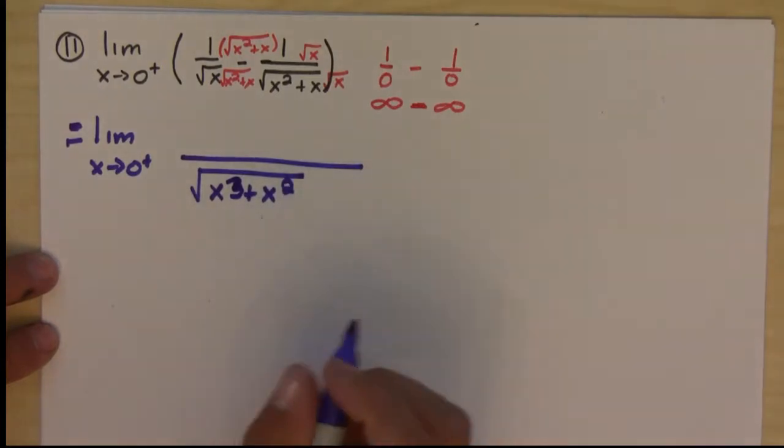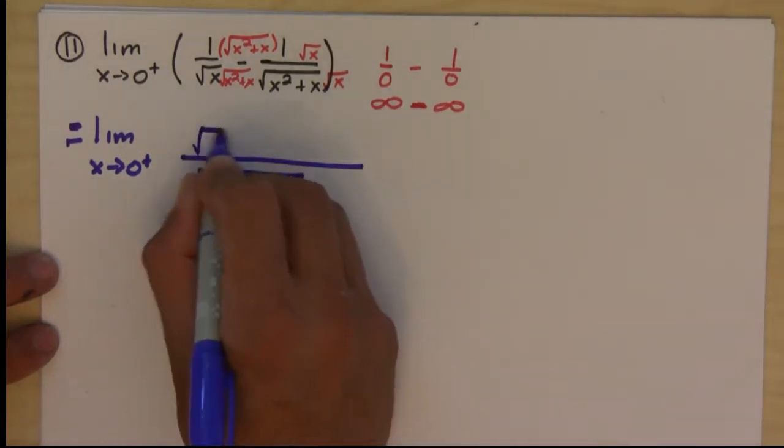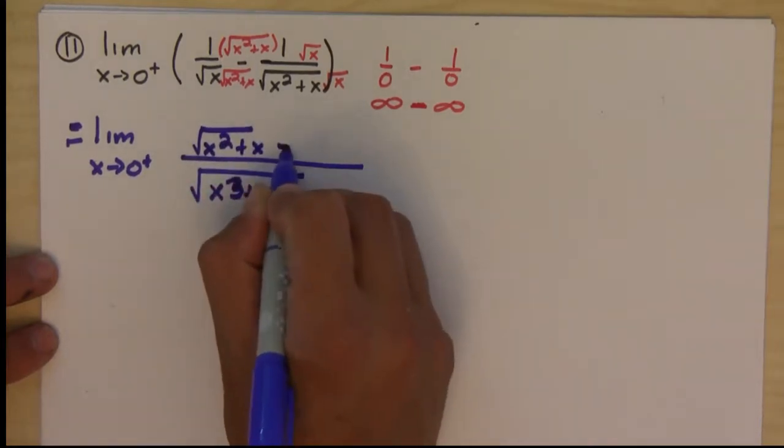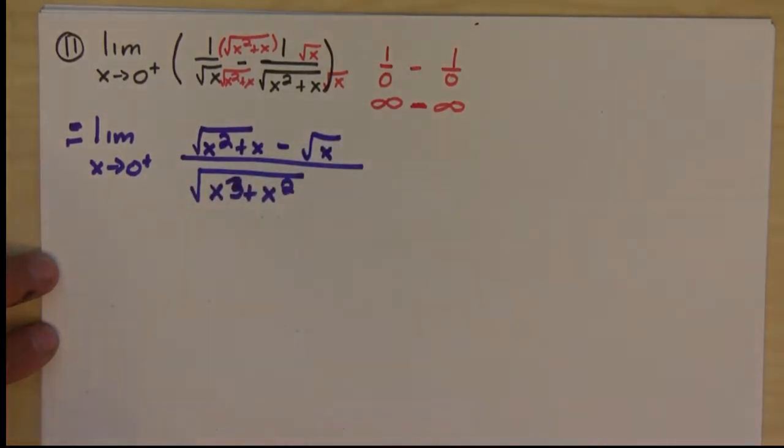And then on top, I'm going to have x square root of x squared plus x minus square root of x. Okay, so this looks like quite a conundrum.